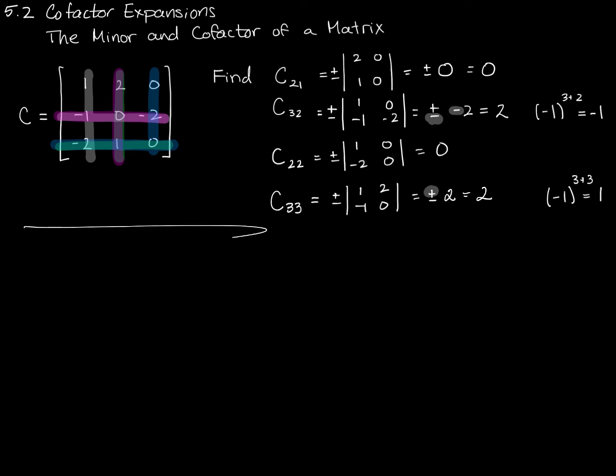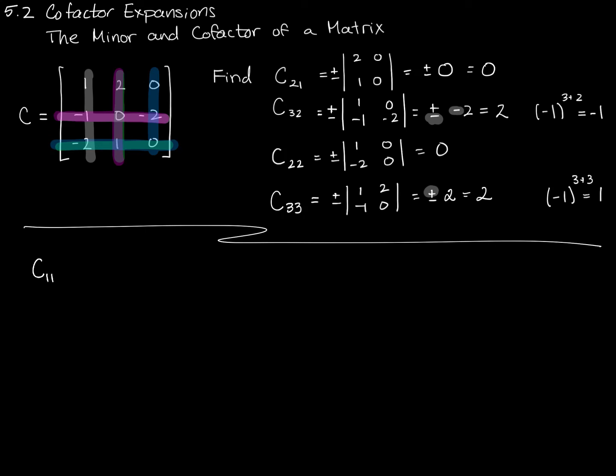Now, earlier in this video on a previous screen, I said I was going to talk about the sign pattern in the next video, but I think I'm just going to go ahead and do it here. If you think about the fact that row 1, column 1 is going to have a cofactor whose sign is decided by adding together, let's write that out.